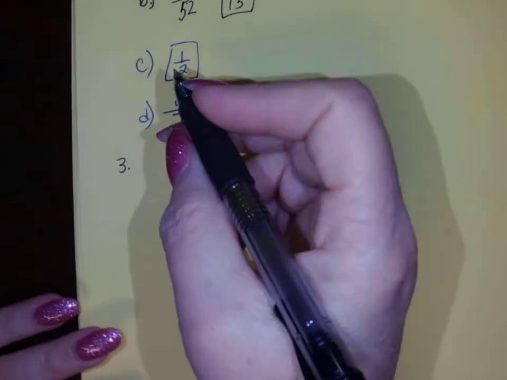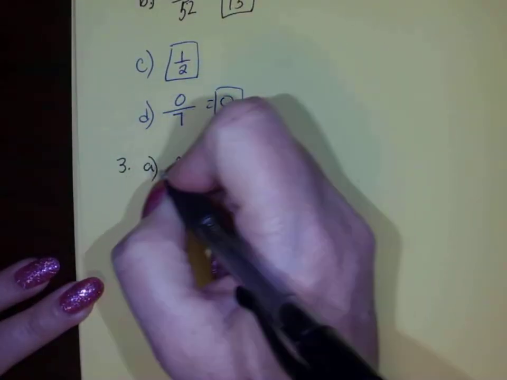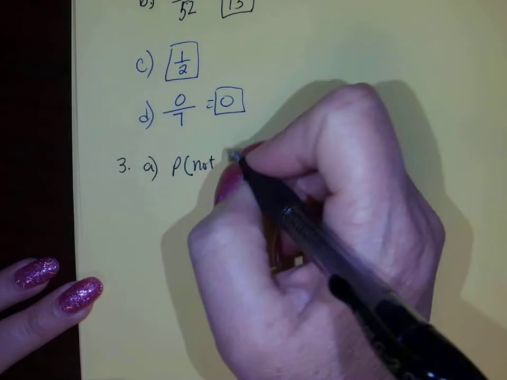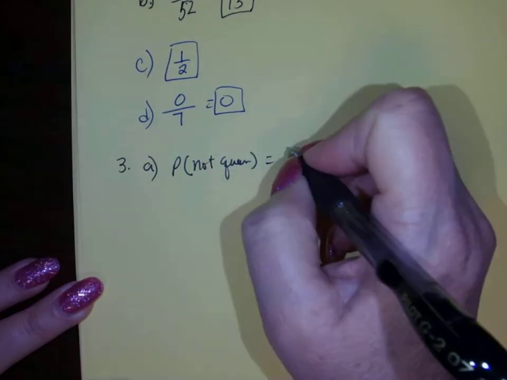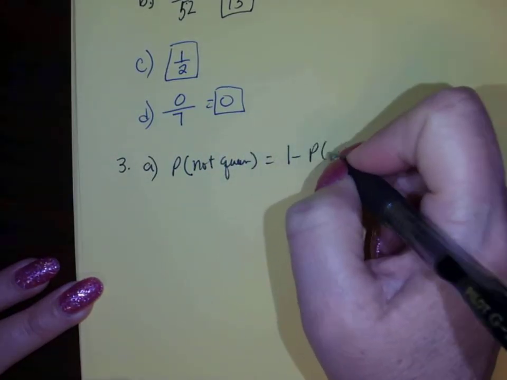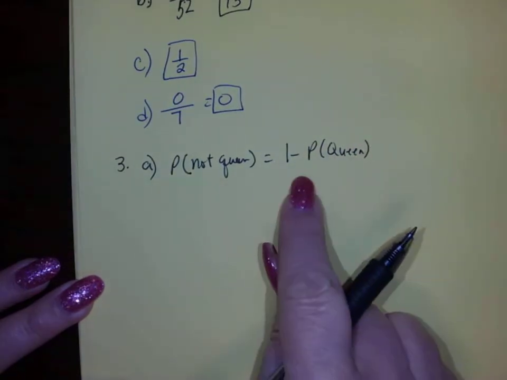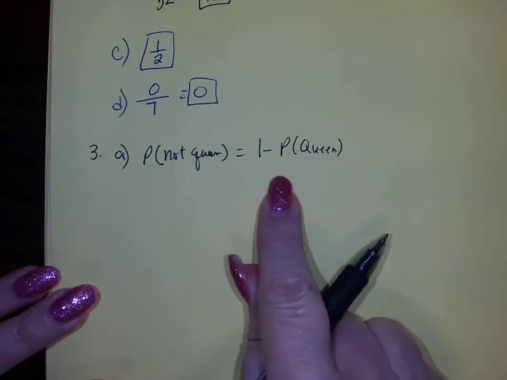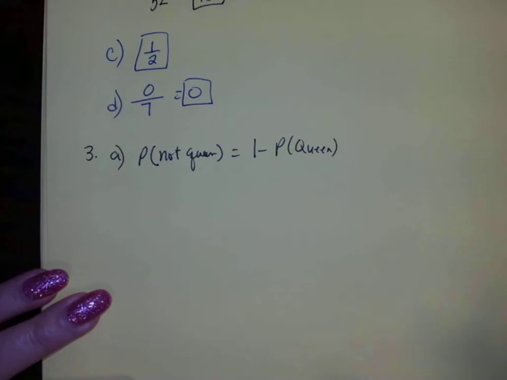So, for part A, we are looking at P of not a queen. That's going to be equal to 1 minus P of drawing a queen. So the not a queen is equal to 1 minus that probability of getting a queen.